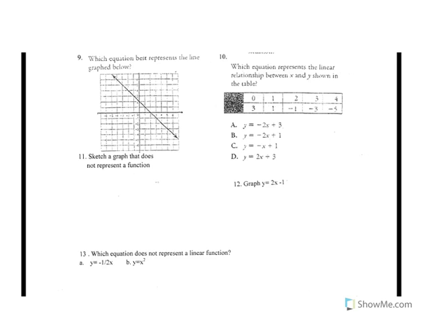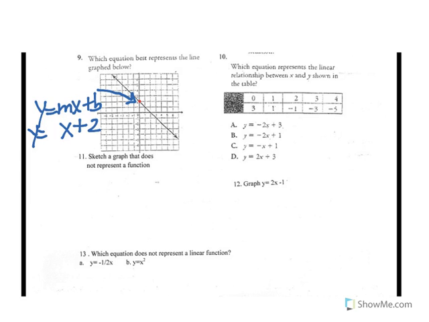And number 9 asks, what is the equation represented below? To find out what the equation is, you have to write it in slope-intercept form, y equals mx plus b, where b is where it is on the y-intercept, which is 2. And we have to figure out what our slope is, so we just count.